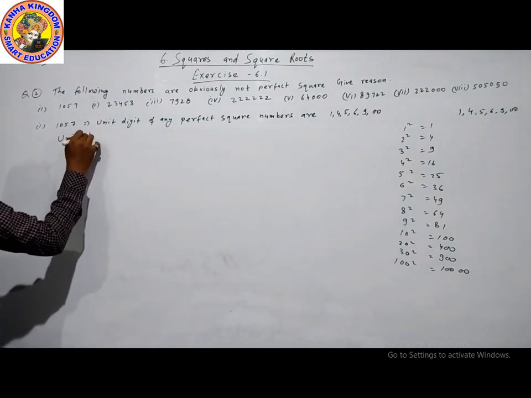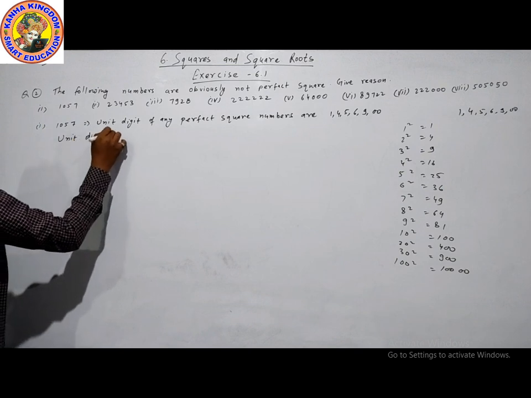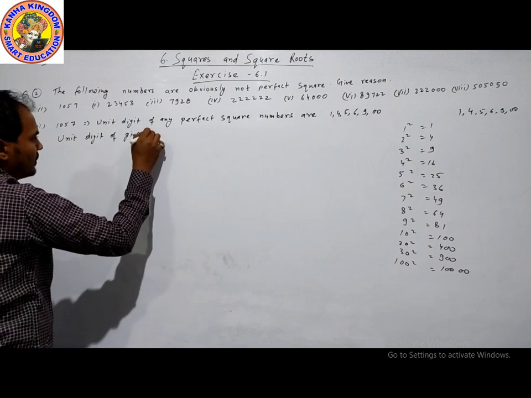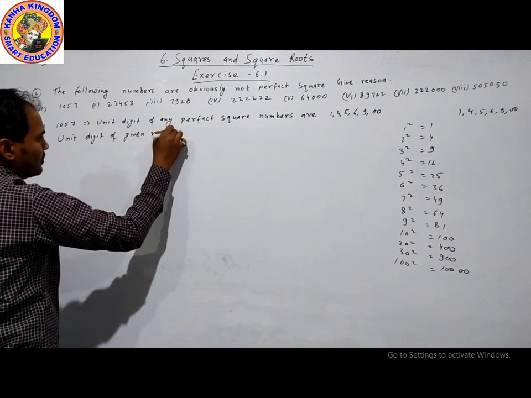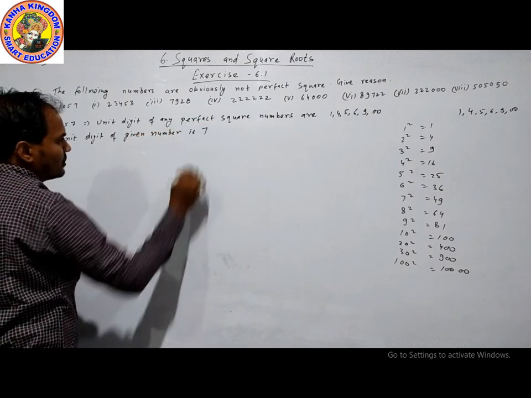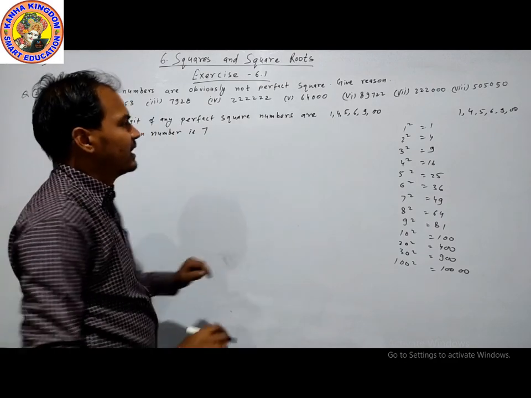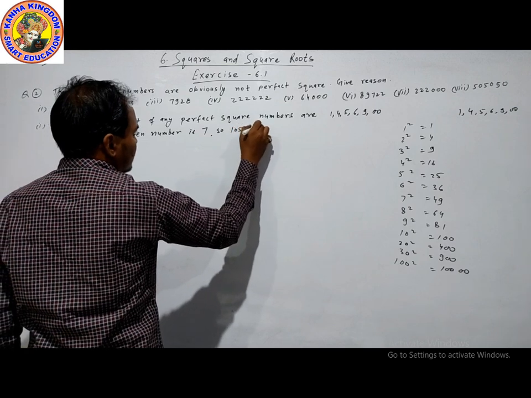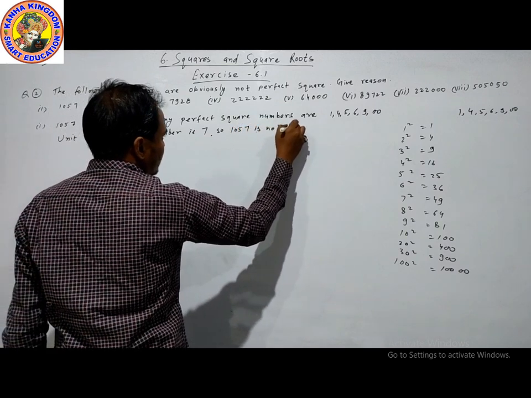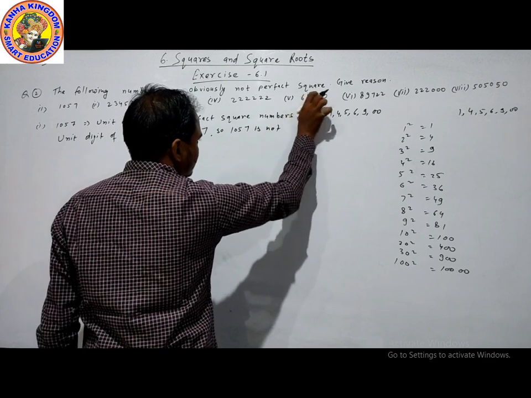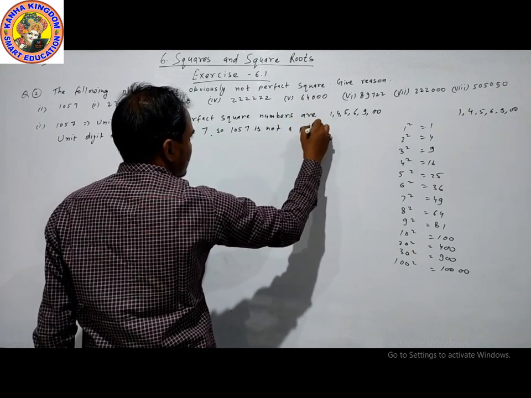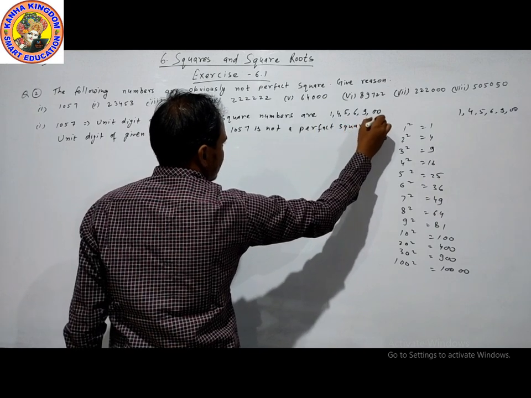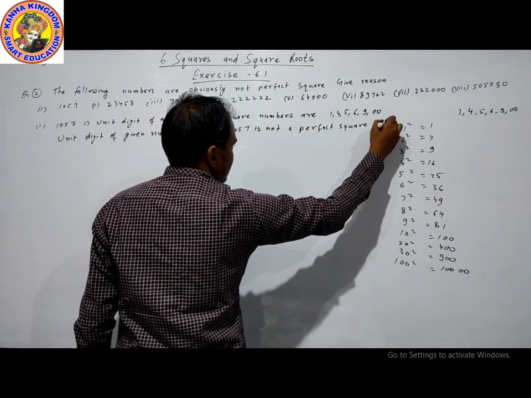Unit digit of the given number is 7. 7 is not included in this, so 1057 is not a perfect square number.